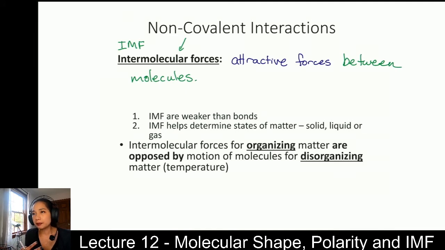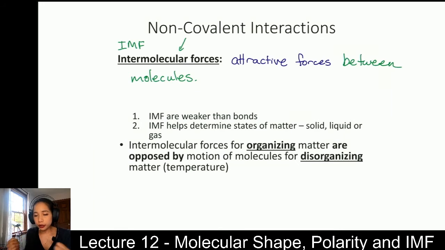They help us determine what state of matter your sample is at a certain temperature. If your sample is a solid or a liquid, there are a lot of intermolecular forces keeping the sample together, compared to the temperature of the sample itself, because temperature is actually a disruptive force.